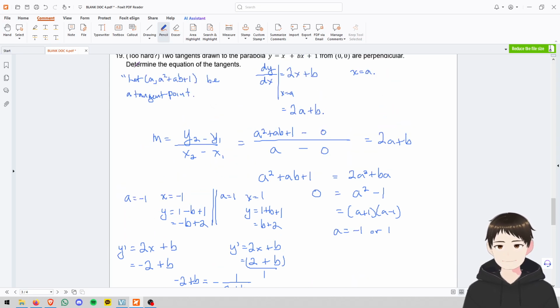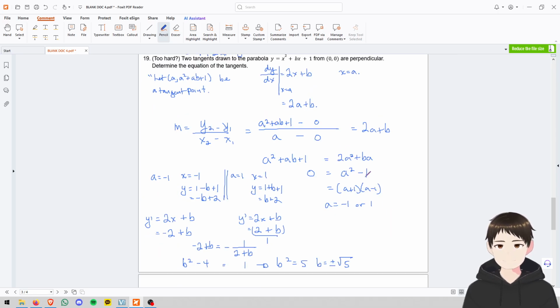The question is asking for the equation of the tangents. So let's see if we have all the pieces. I have the slope. Remember, if a equals 1, that means the slope is 2 times 1 plus or minus root 5.